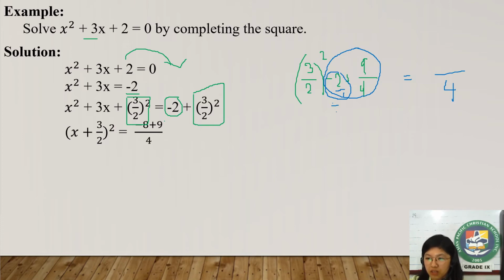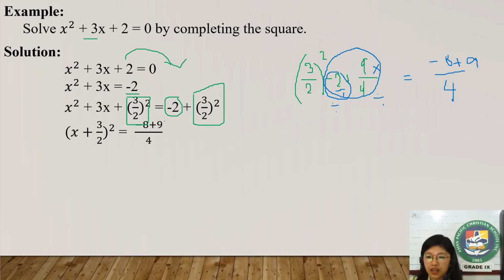So, we have 4 divided by 1 will be positive 4. Then, times natin siya dun sa numerator. Negative 2 siya. So, 4 times negative 2 magiging negative 8. And then, next, 4 divided by 4 will be 1. Dun sa second fraction na tayo. And 1 times 9 will be positive 9.